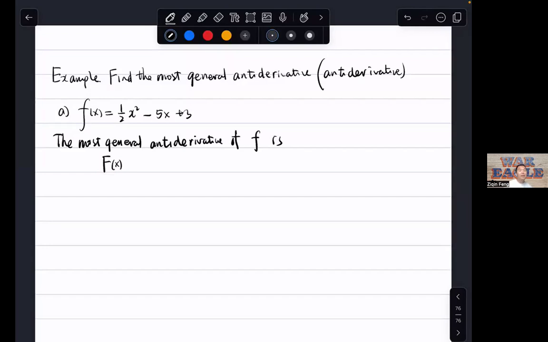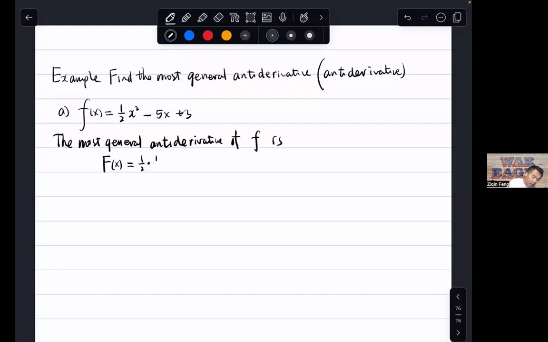That's our standard notation here: lowercase f represents the original function, and capital F represents the antiderivative of the given function. So this is 1/2 times the antiderivative of x squared, using our table of antiderivatives of elementary functions.